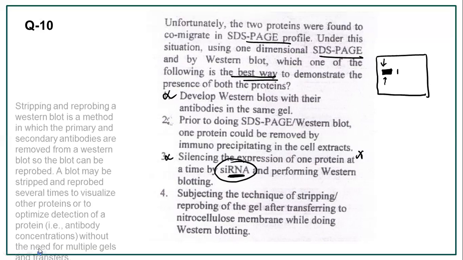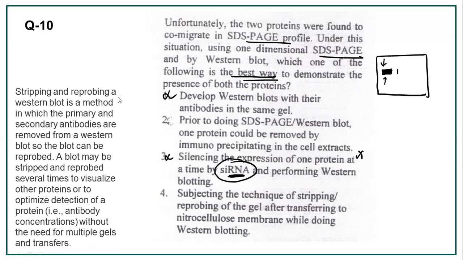What do you mean by stripping and reprobing? Stripping and reprobing is a Western blot method in which primary and secondary antibodies are removed from a Western blot so that the blot can be reprobed.